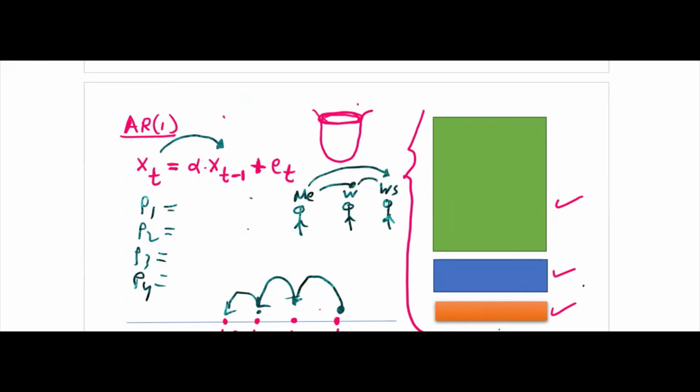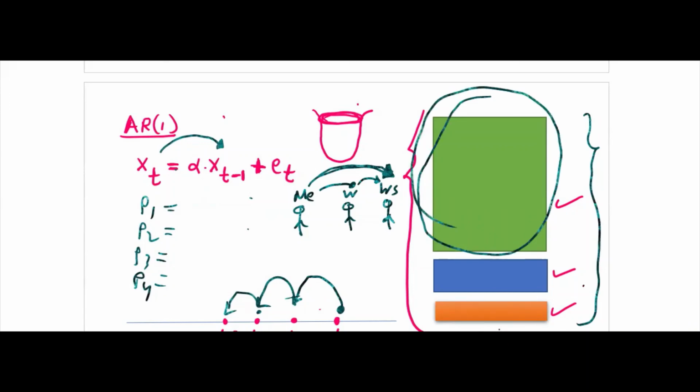But the direct relation is not there, only through my wife. So what I am saying is, how can you extract the direct part? Suppose you have this much water now, and you want to estimate the amount of water that is due to today, that you can only estimate.